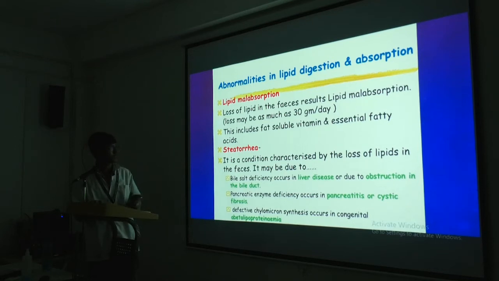It is a condition characterized by the loss of lipids in the feces, called steatorrhea. Bile salt deficiency occurs in liver disease and due to obstruction of the bile duct. Pancreatic enzyme deficiency occurs in pancreatitis or cystic fibrosis. The defective chylomicron synthesis occurs in congenital abetalipoproteinemia.